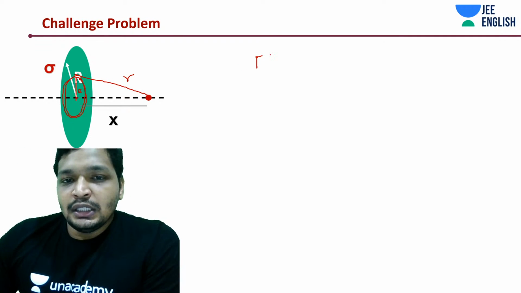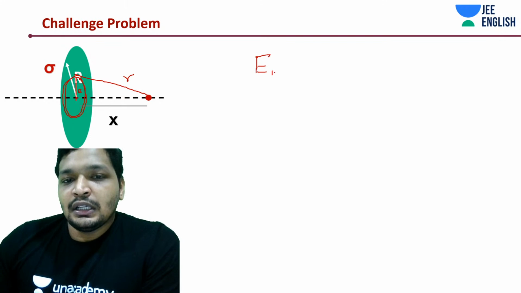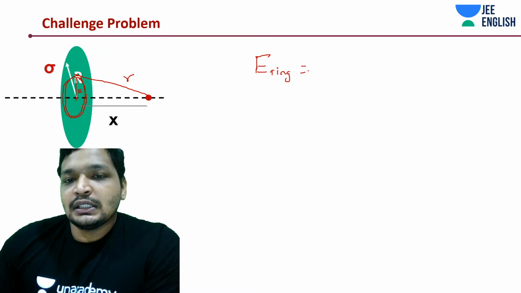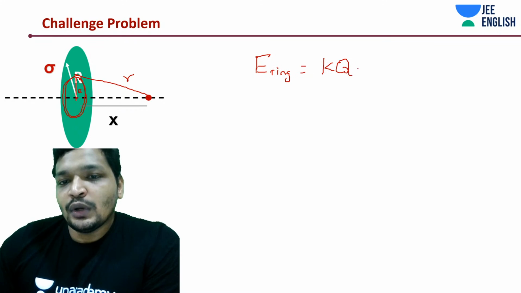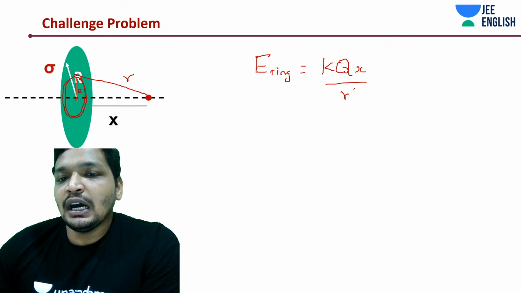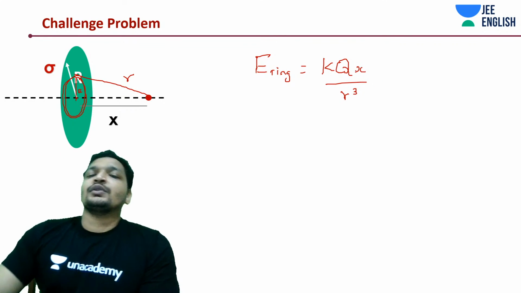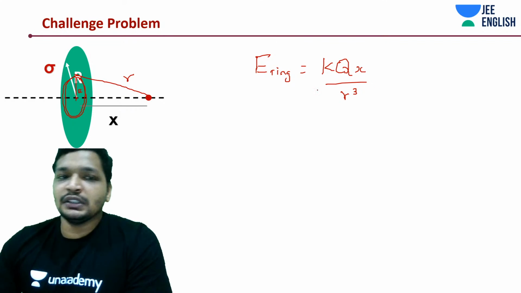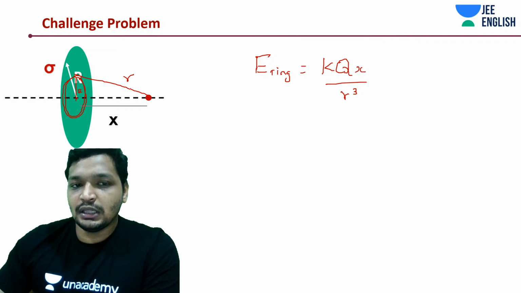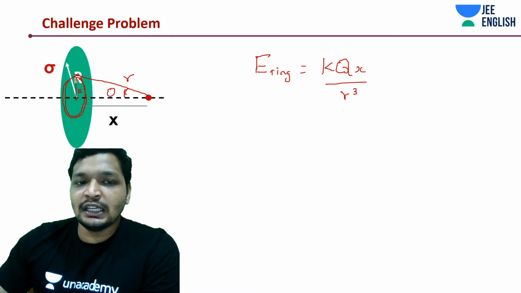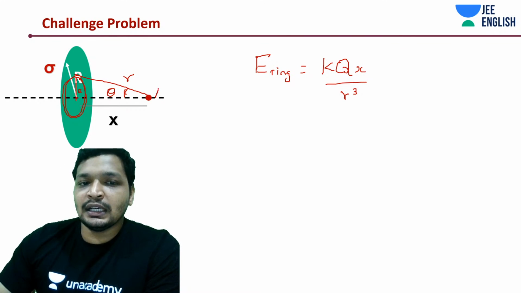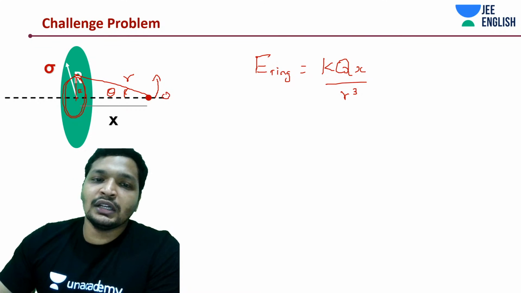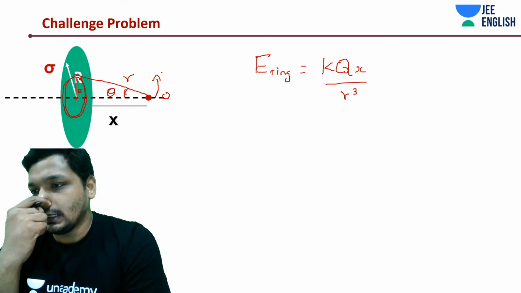So from the ring expression, we have something like this: k q x by r cube. Basically kq by r square into cos theta, which is nothing but x by r. This theta is varying, going from 0 to some degrees. We'll assess the degrees later on.